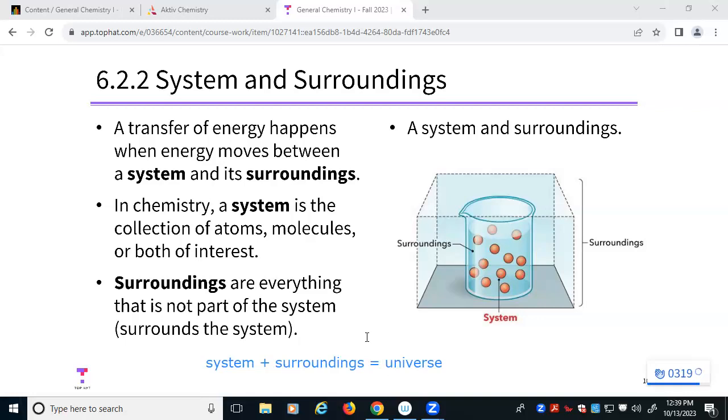When we start looking at our thermodynamic laws, we'll start to understand why we use that term universe and why we actually care about that combination of system and surroundings at the same time. But for right now, what we want to think about and kind of put our heads around is the idea of the system being just the chemical reaction taking place and the surroundings being everything else around it.